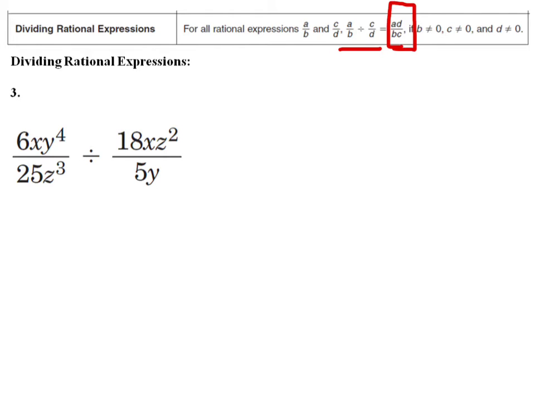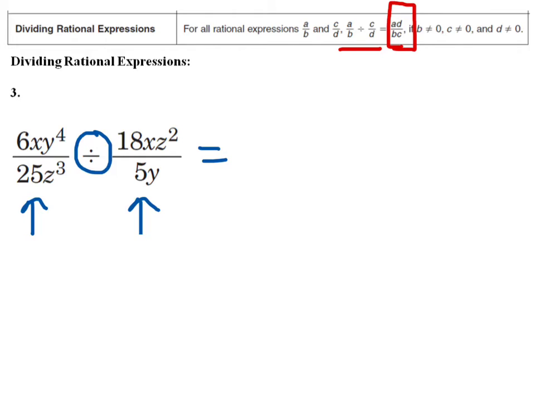So if I have the expression 6x y to the 4th over 25z to the 3rd, divided by the rational expression 18x z squared over 5y.